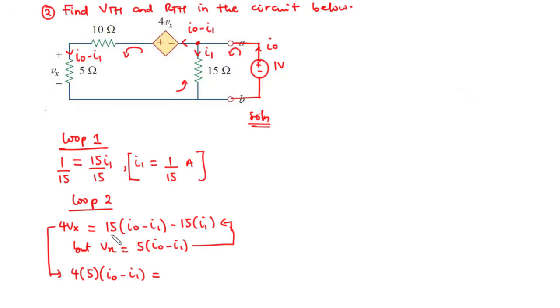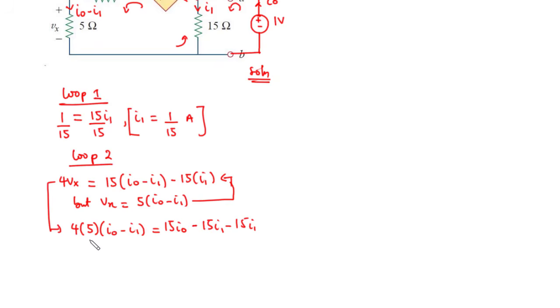let's try to expand this. So we have 15 I0 minus 15 I1 minus 15 I1. So on the left hand side we have 20 I0 minus 20 I1 equals 15 I0 minus 30 I1.